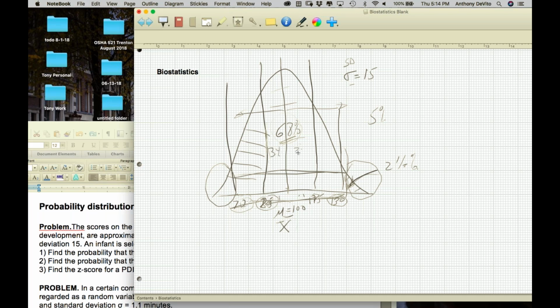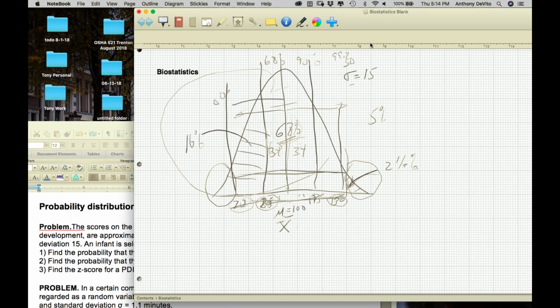Below the mean is 50%, and this is 34%. What does that leave for the area below 85? 16%, exactly. So you can use the empirical formula, this idea of 68% and 95%, and then three standard deviations, 99.7%, to get an estimate and wrap your head around what these areas represent.